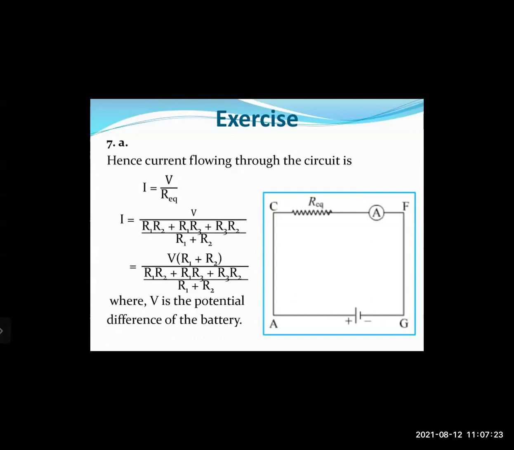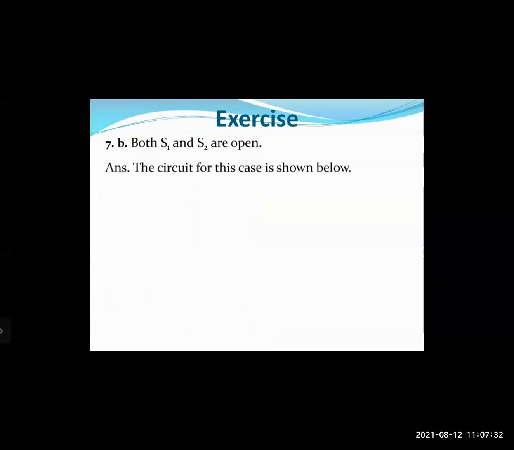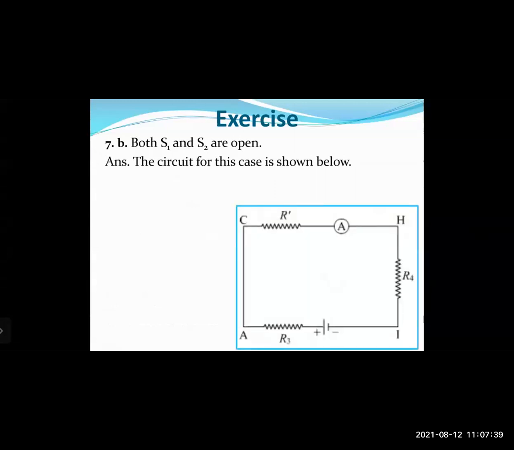Okay. Now let us move to the next concept. If both switches S1 and S2 are open, what will happen? The circuit will change like this. In this case, the current will flow only through resistor R1, and the current will not flow through resistance R2, because S1 is open. So in this case, all the resistances R1, R4, and R3 are in series.